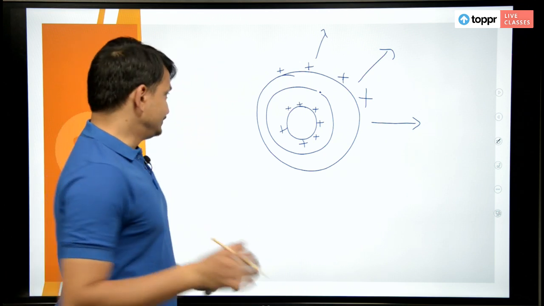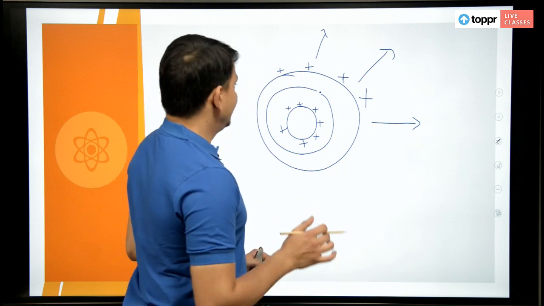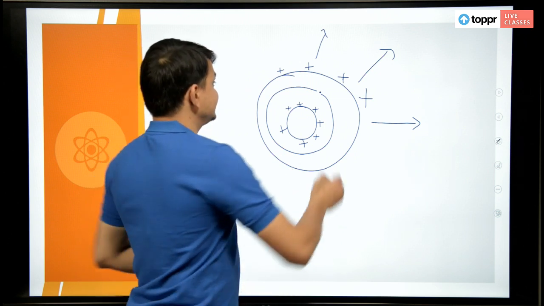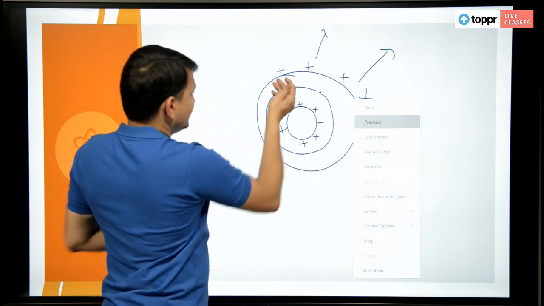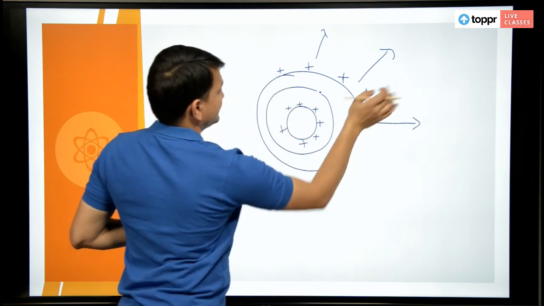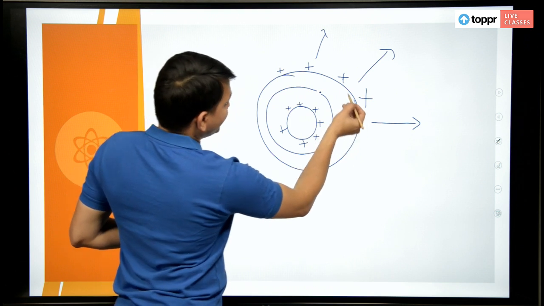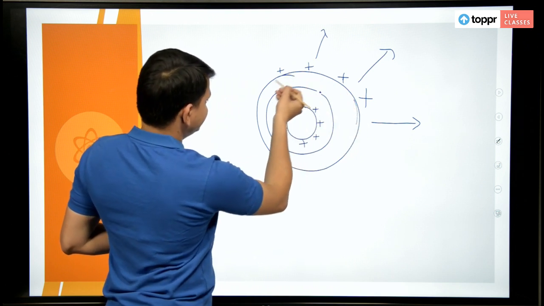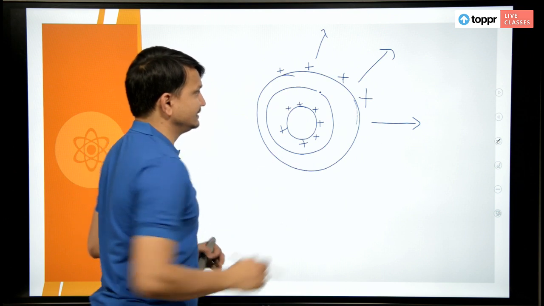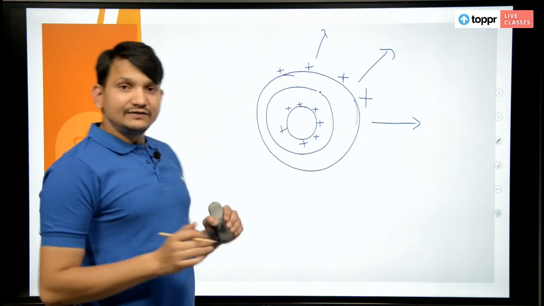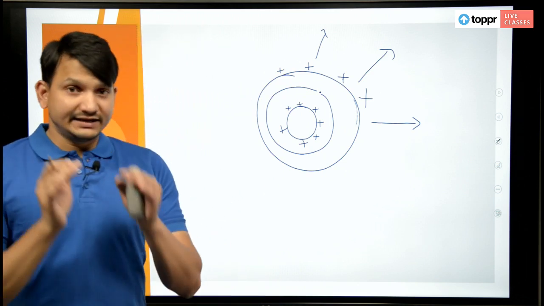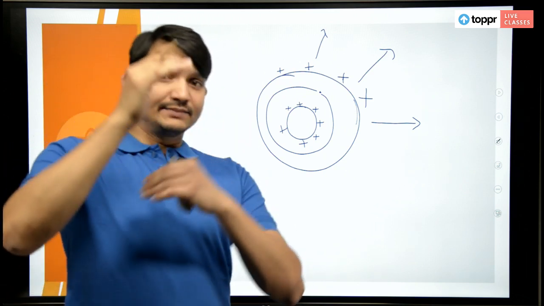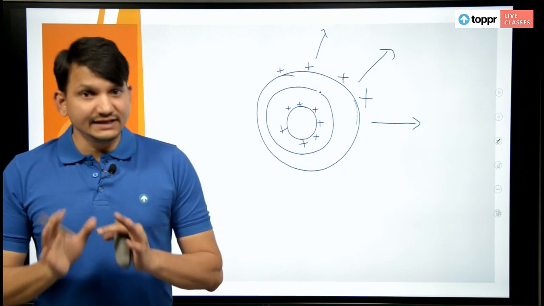And that's true. But if we are considering the Gaussian surface exactly on the plane of this outer shell, then we will not have any electric field, because the electric field through a metallic body, the bulk of the metal, is 0.